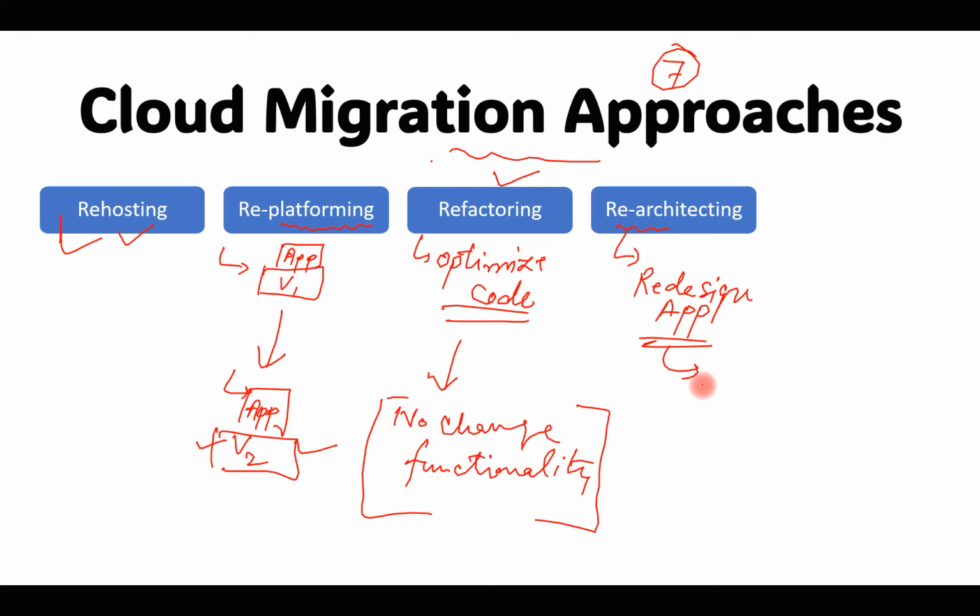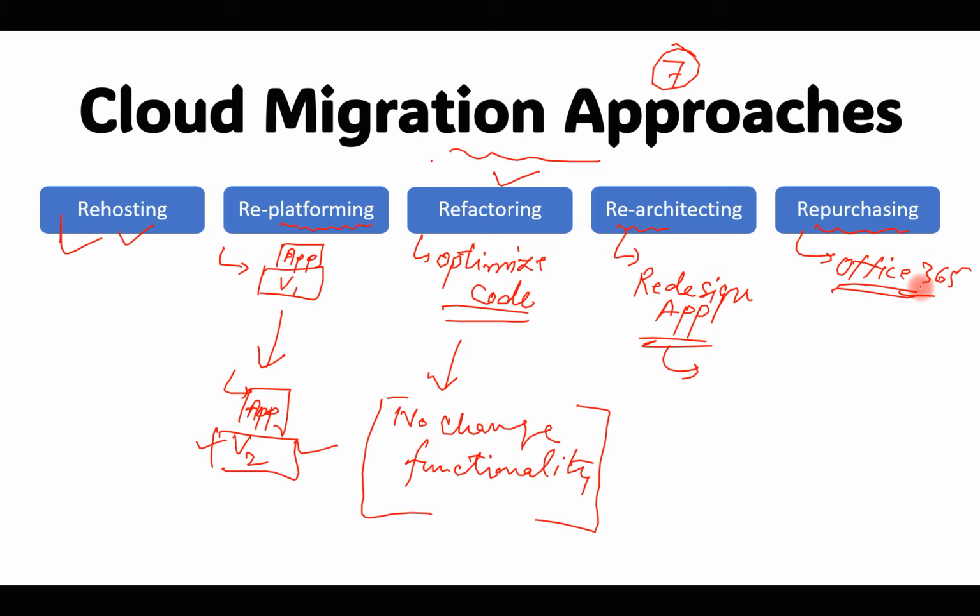Now we will talk about the next approach, that is repurchasing. It's a very simple approach where we replace a service or application. For example, if you are using a traditional environment where you use Exchange Server for messaging and collaboration or SharePoint, right now we have the option of Office 365. Similarly, we have multiple applications which we used to configure for our existing environment.